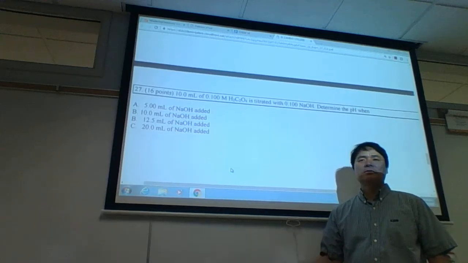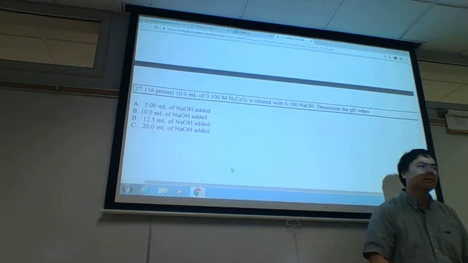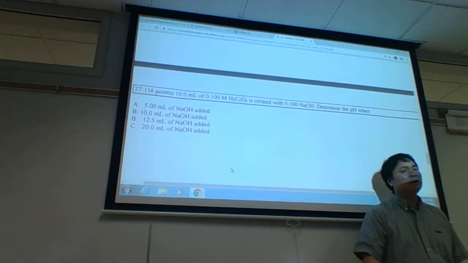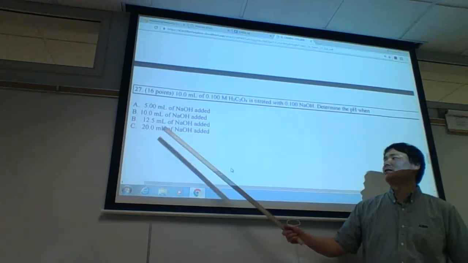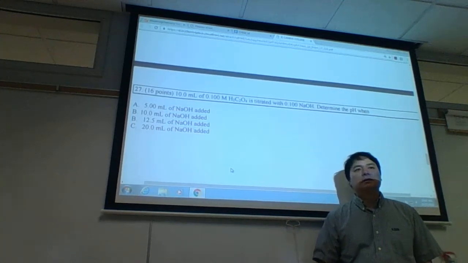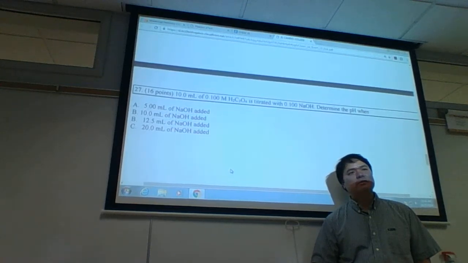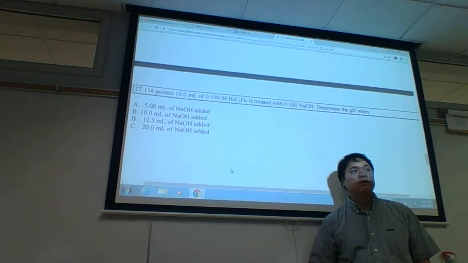Where in the second buffer region would that 12.5 milliliters be? It would be the 1/2 of the second? Yeah. No, it's not 1/2 of the second. If it were the half, it would be a 15, right? 15's at the half, so this would be at the quarter.